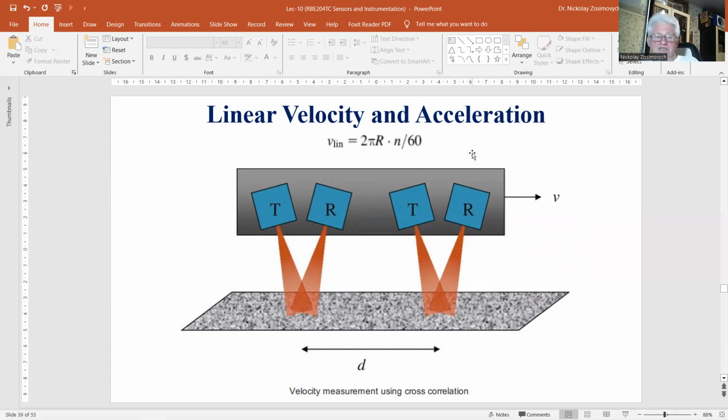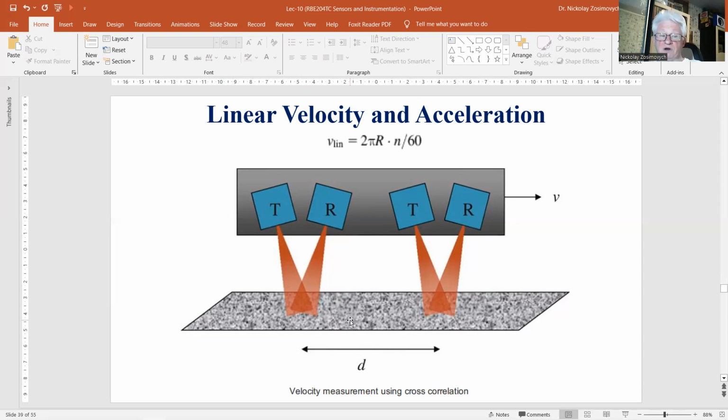The basic operation of the correlation method using optical sensor is presented in this figure. Two sets of a transmitter-receiver pair in reflection mode are mounted at the moving vehicle at the top, a distance d apart in the direction of the movement.